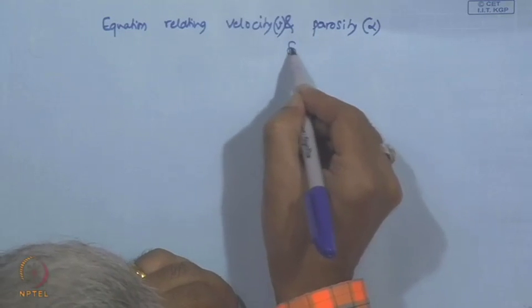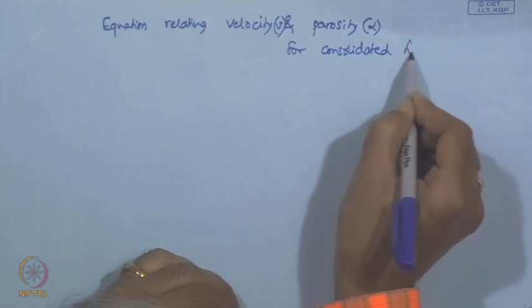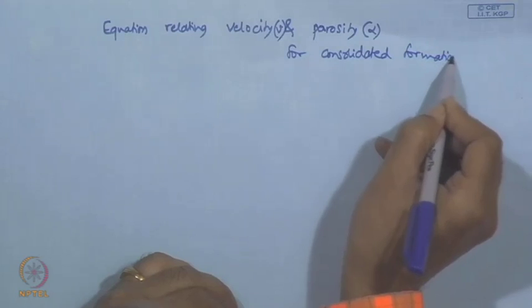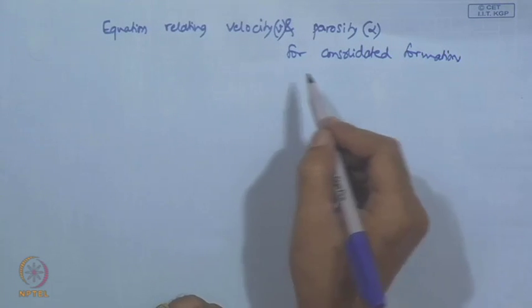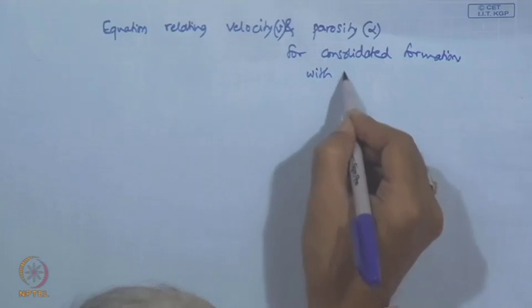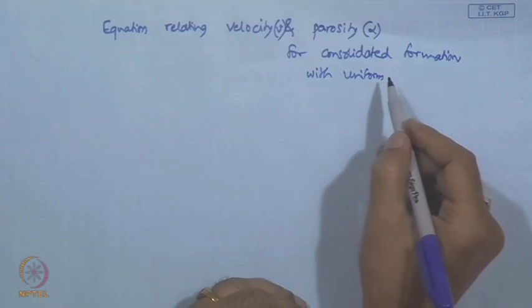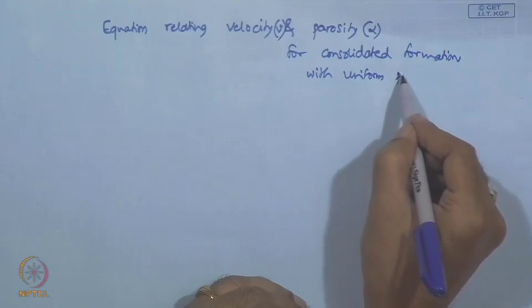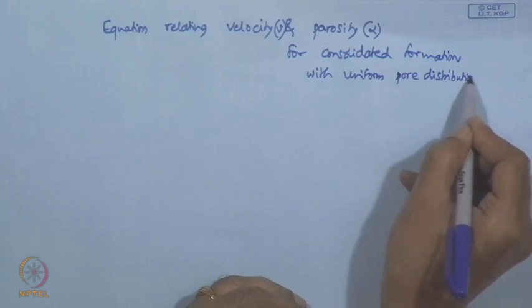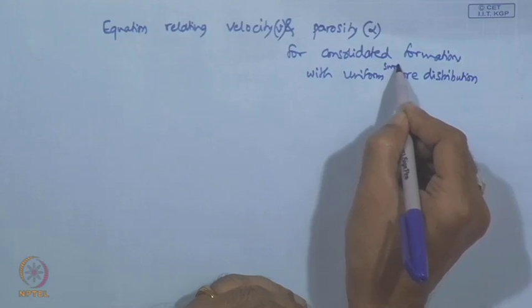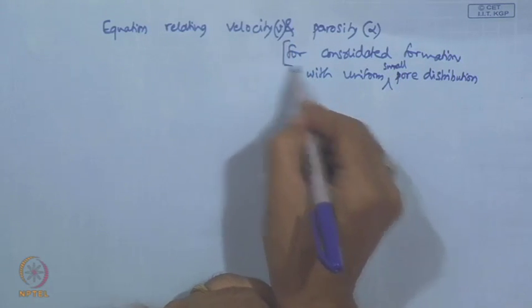For consolidated formations with uniform pore distribution, that is, these pores are small pores.